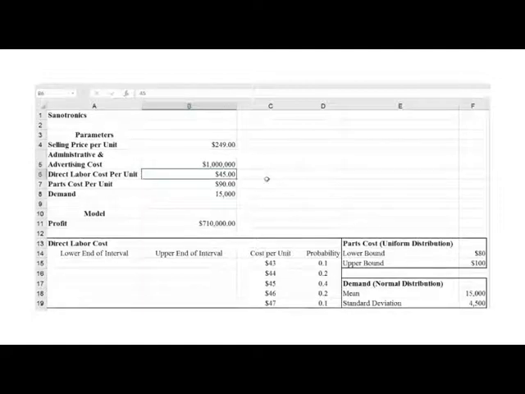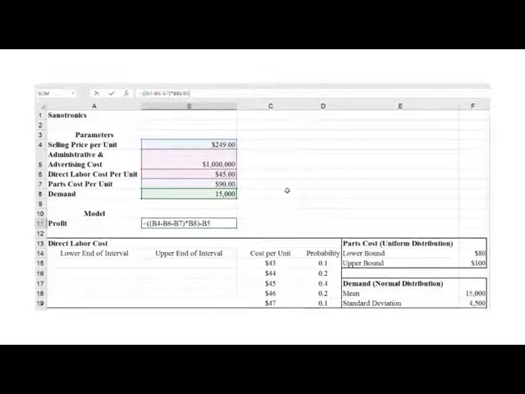The direct labor cost per unit is set at $45. The parts cost per unit is set at $90, and the first-year demand is set at 15,000 units. For these values, the profit is computed to be $710,000 according to the Excel formula that implements the profit function.